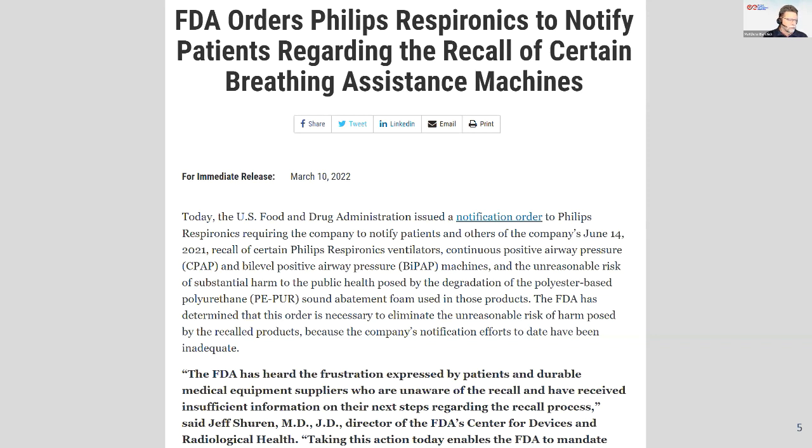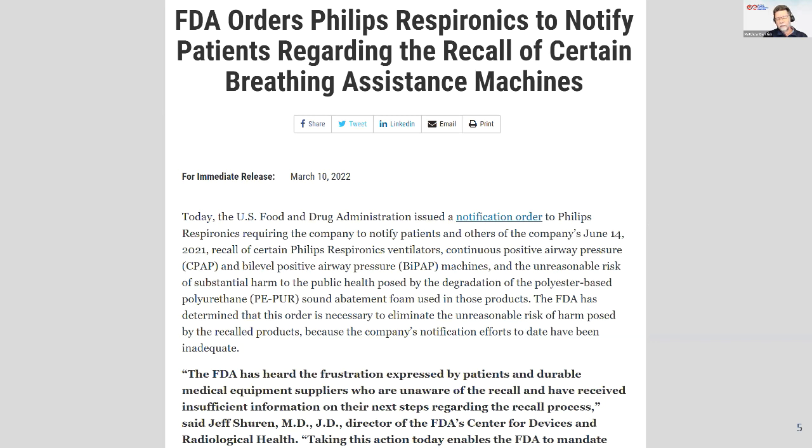There have been reports of a few hundred deaths associated with problems with these devices, and still there's not a good response, in my opinion, from Philips as to what these patients should do. And it's not clear how to make a decision.